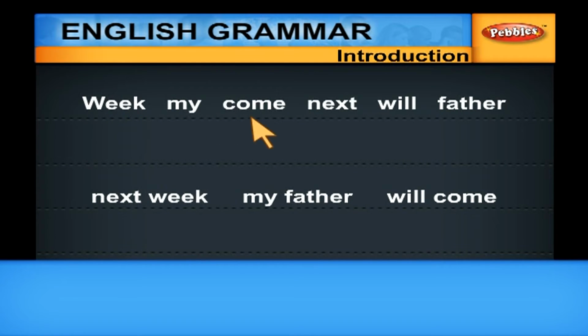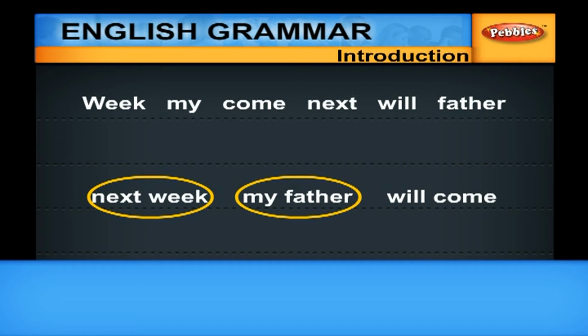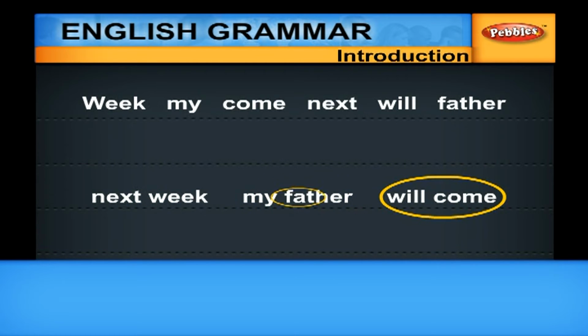So, from these six words, we have formed three groups: next week, my father, and will come. Then, how do you make it into a sentence? You know that in English, there must be a subject.